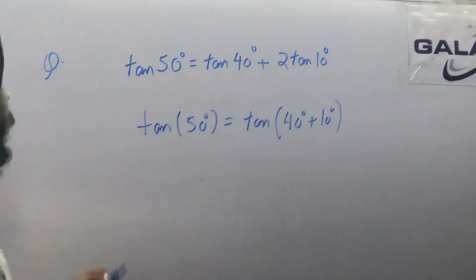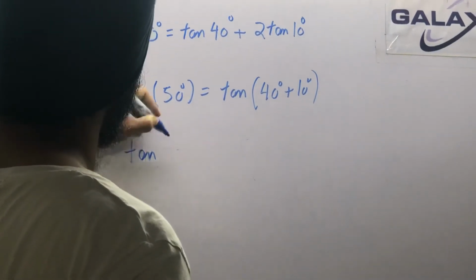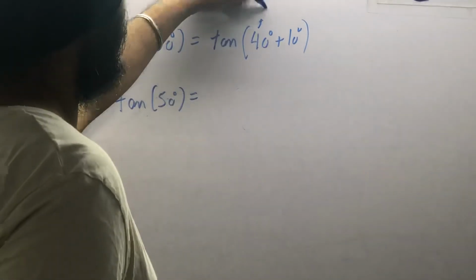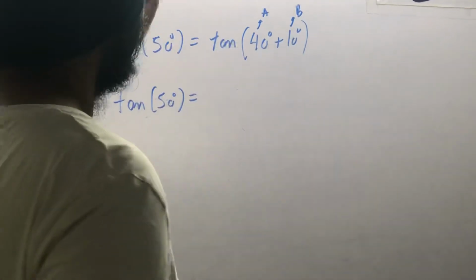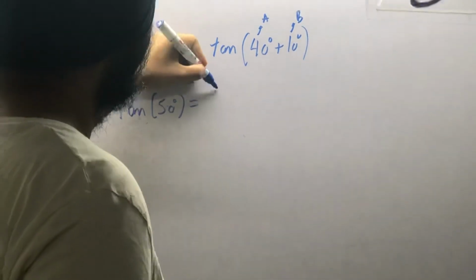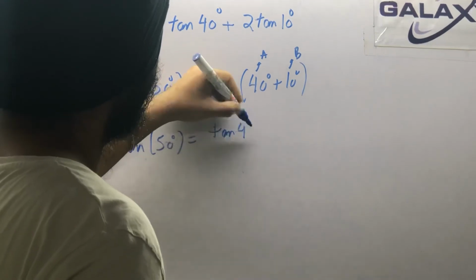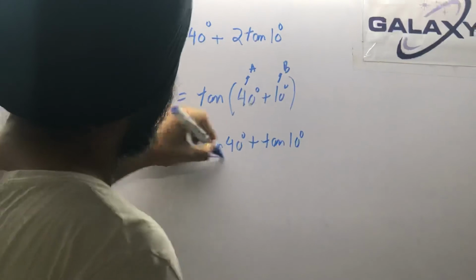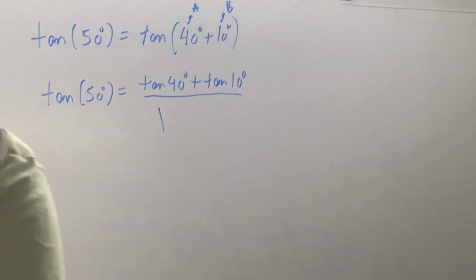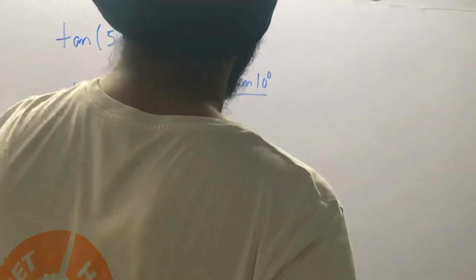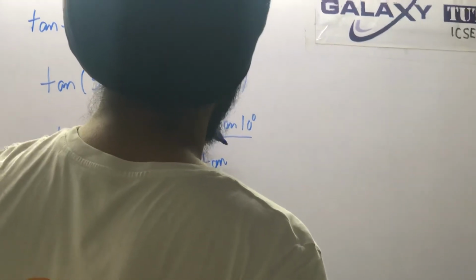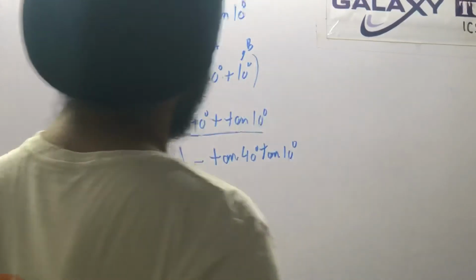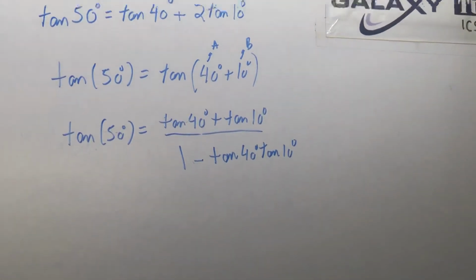Now tan 50 is equal to tan (A plus B), assume this is A and this is B. So tan A plus B is tan A plus tan B upon 1 minus tan A tan B, so tan 40, tan 10. Is this right? Yes.